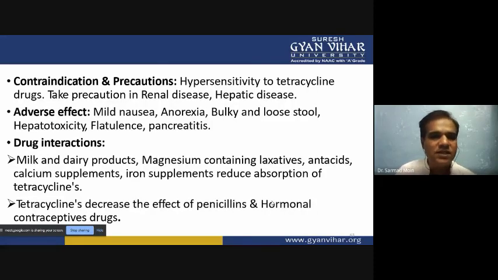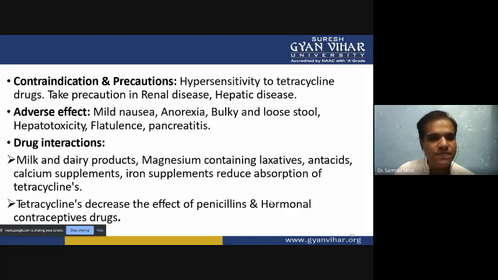Then contraindications and precautions. When we give tetracycline to a patient, it can cause hypersensitivity, and we always have to take precautions when the patient has a history of renal disease or hepatic disease. Patients who have hypersensitivity issues, renal disease, or hepatic disease history should not be given tetracycline. As for adverse effects, if we give a high dose, there can be mild nausea, anorexia, bulky and loose stool, hepatotoxicity, flatulence, and pancreatitis.